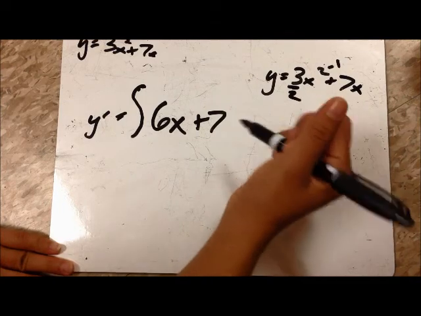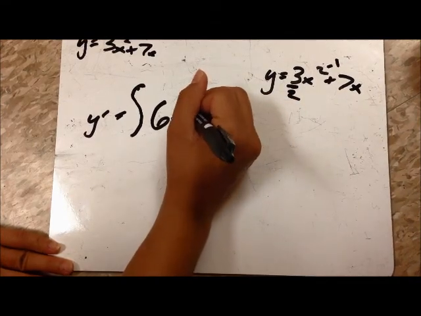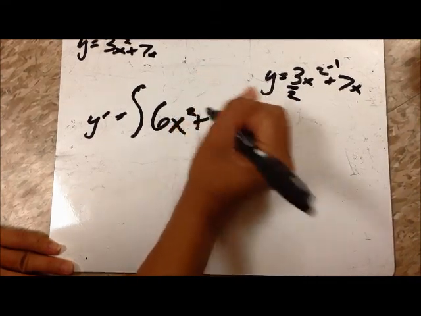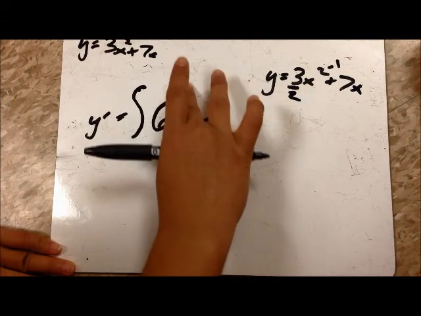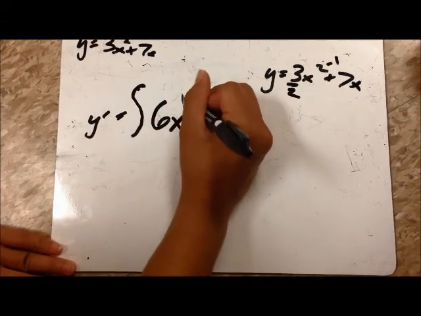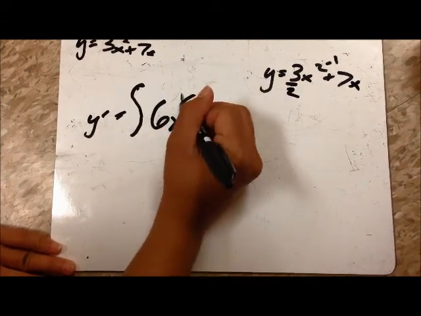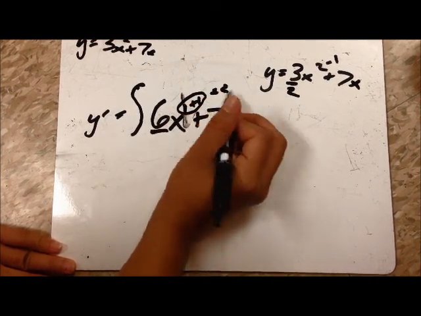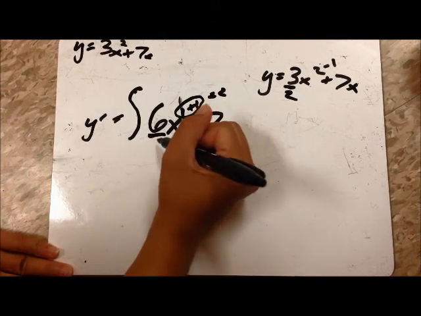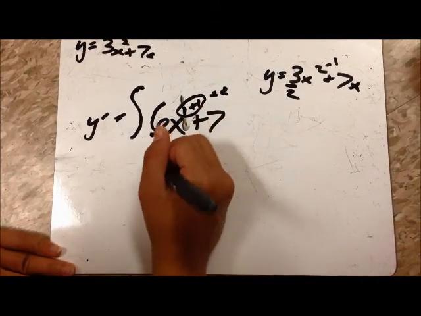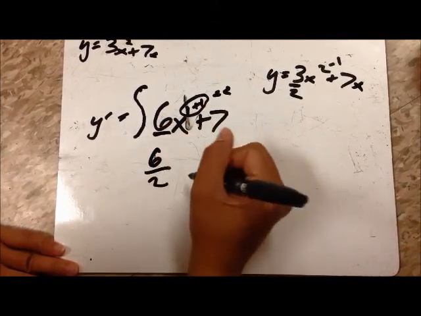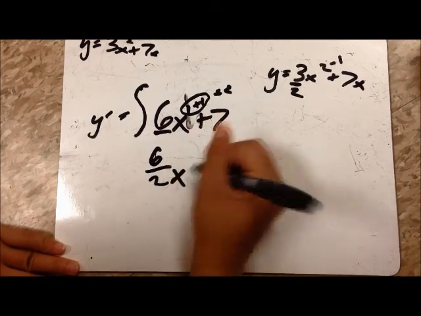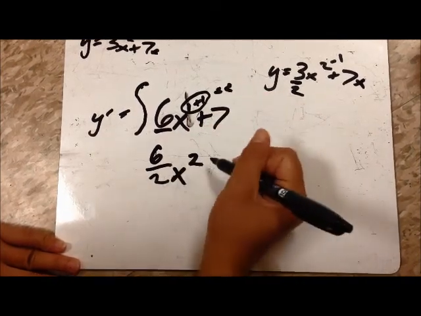Well, when you take an integral, this is basically x to the 1. You just add 1 to the exponent, and then divide the constant by the total, okay? So then you get 6 over 2 x, 1 plus 1 equals 2, okay?